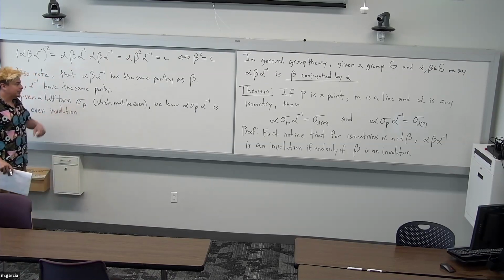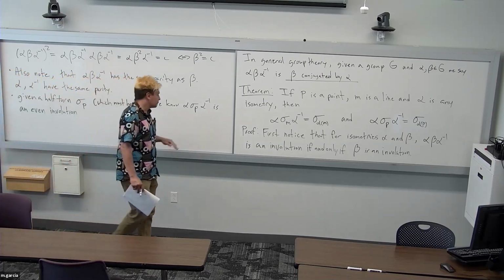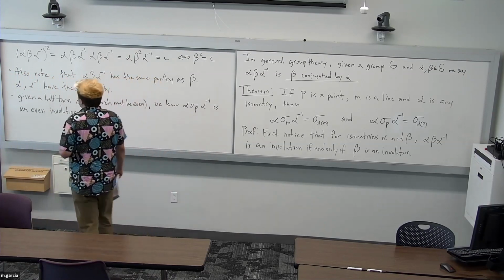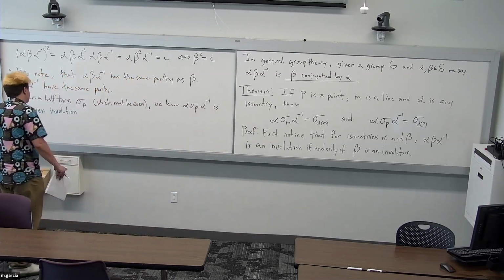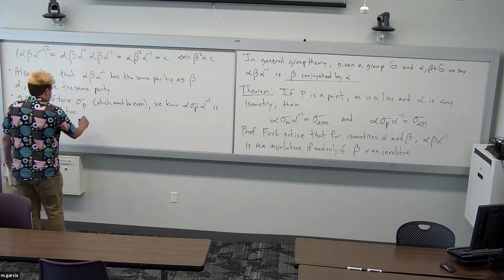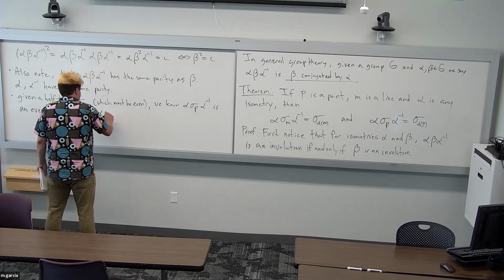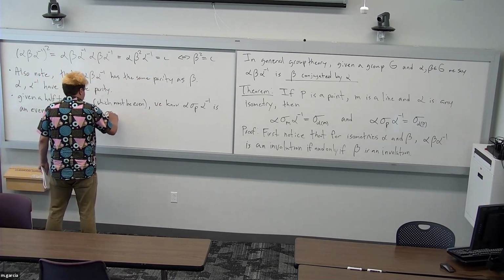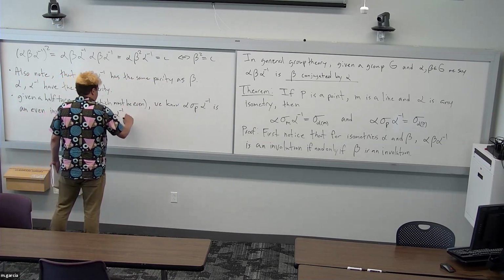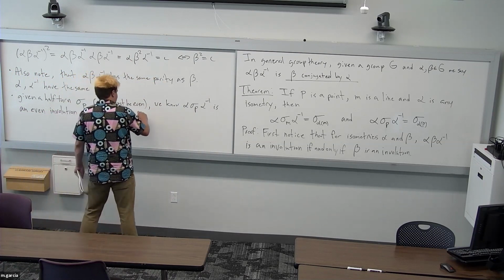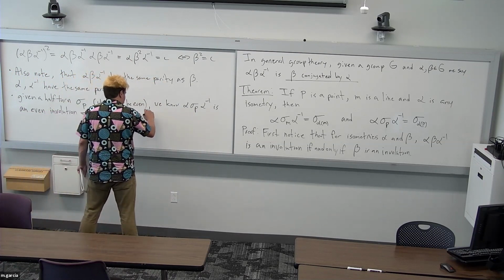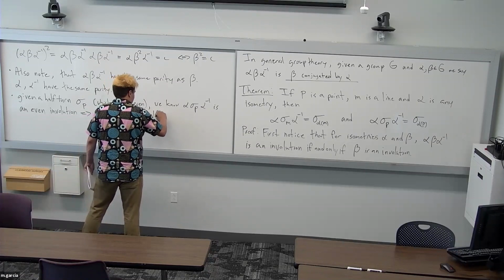Because sigma sub p is an involution, which is even. So by the first two notes we made, we know that alpha sigma sub p alpha inverse must be an even involution, which implies alpha sigma sub p alpha inverse is a half-turn.